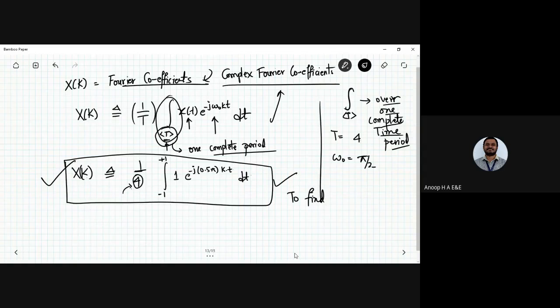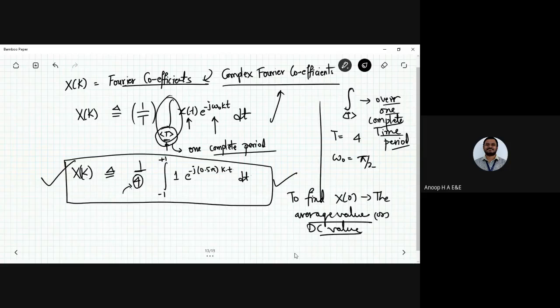So, to evaluate this, I'll be taking the average value for one complete time period. To find x of 0, the average value or DC value, I'll be evaluating this. Keep this in mind.